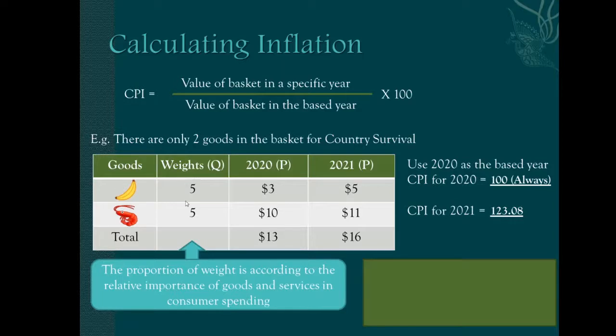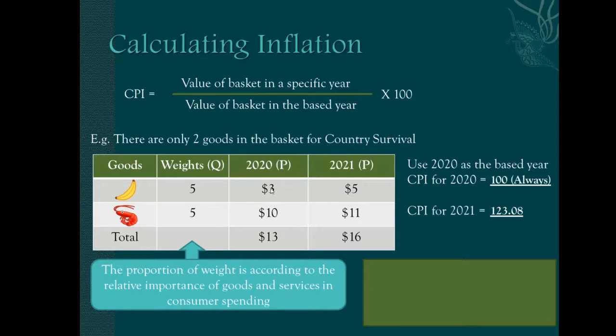But in the exam, sometimes they will show you the quantity instead, so don't panic when you see quantity. When you cannot find the percentage, it's all good. You can still use the quantity to find the same number.